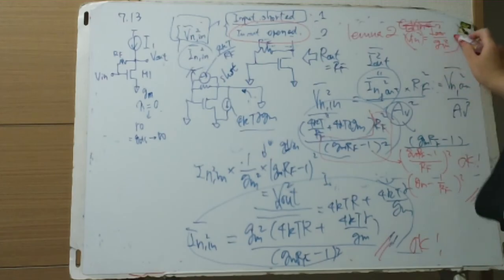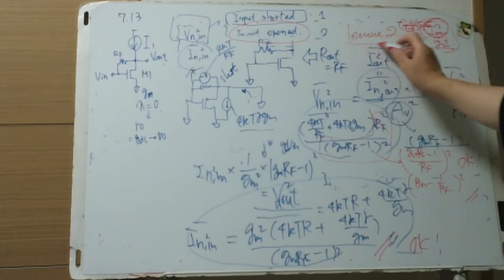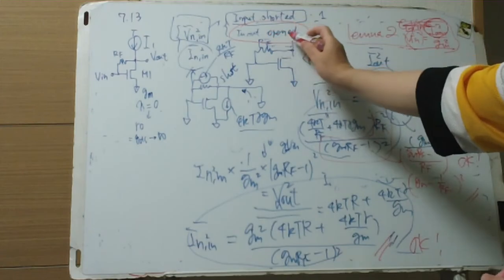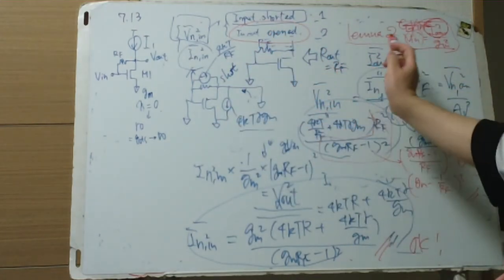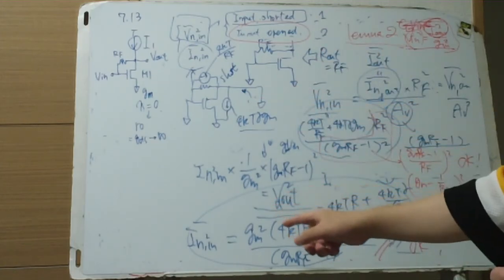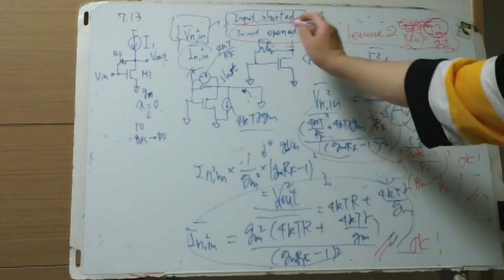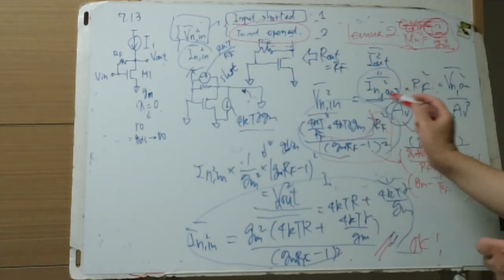Input-referred noise is derived from output current noise in CMOS. This is the lemma. Using this lemma and the input-opened model, we can get I n in, and with the input-shorted model we can get Vn in squared.